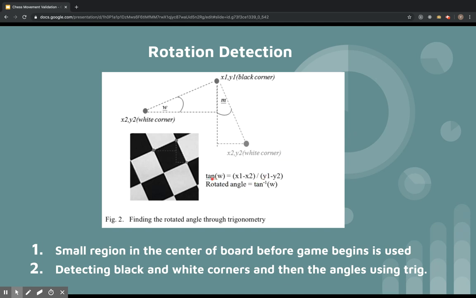Then we get the inverse tan of that angle, and we rotate the square in the program by that angle.